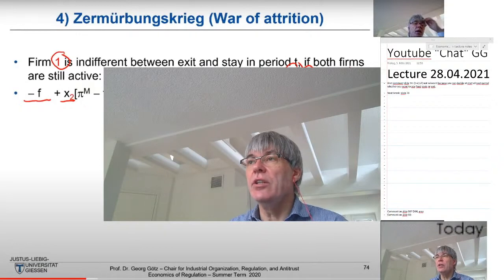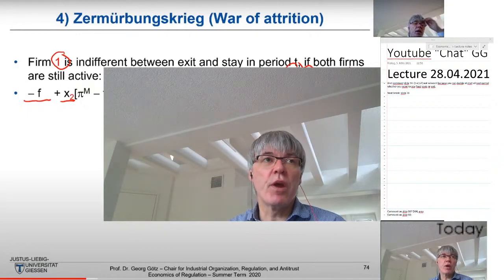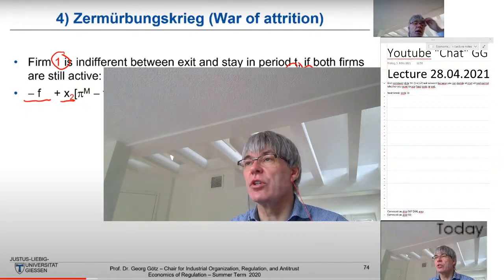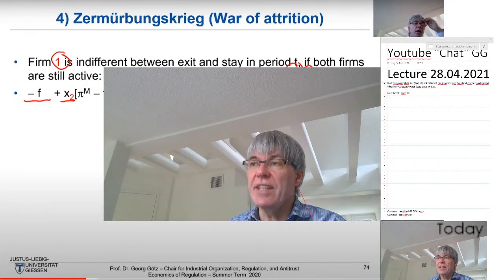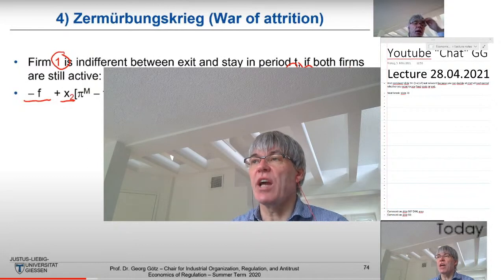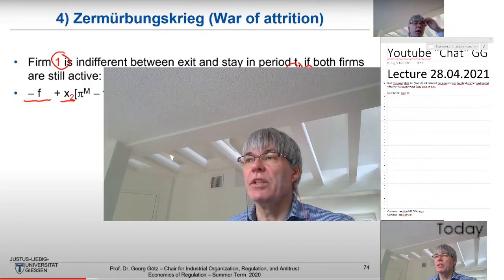And then during this period, which is very short, as I will show you in a second, or at the end of the period, you learn whether the other one stays in the market or not. And the other one stays in the market with this certain probability x2.